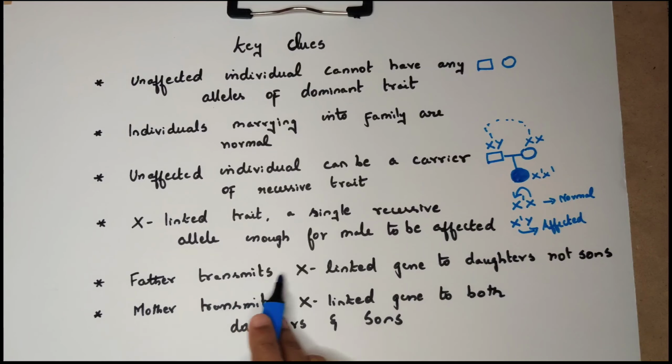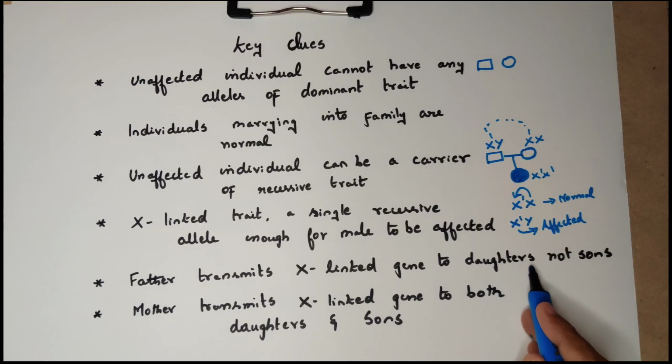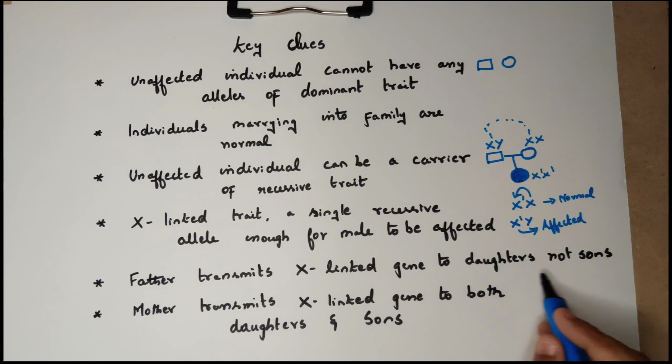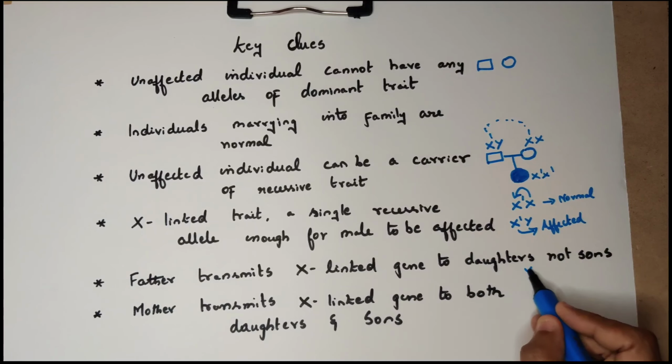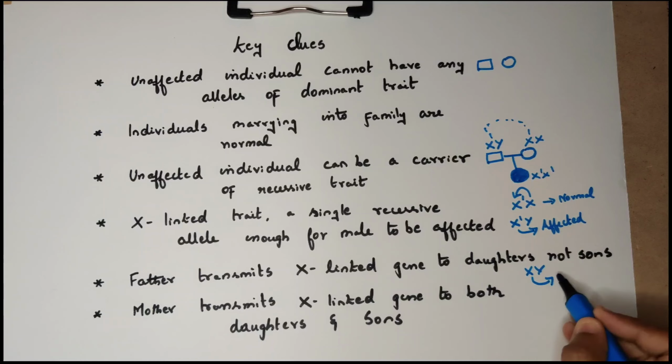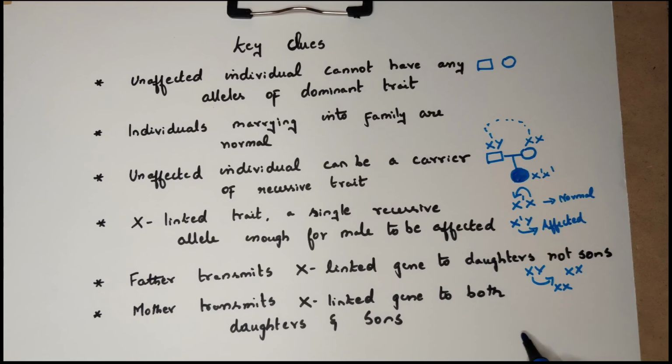Next one, father transmits X-linked gene to daughters and not sons. Why? Because father is giving only X chromosome to a female to form a daughter. And if this is going to be present here in this gene, definitely the daughter will be either affected or she can be a carrier. Mother transmits X-linked gene to both daughters and sons. As you all know, mother has got 2 X chromosomes.